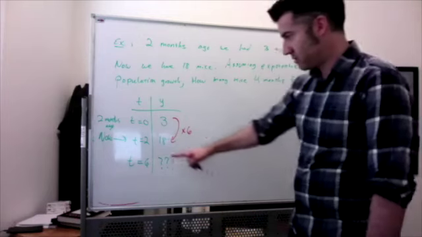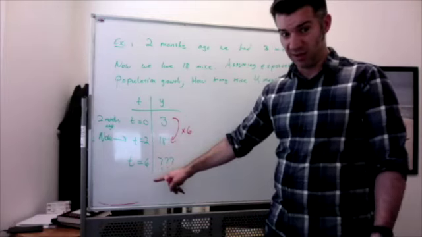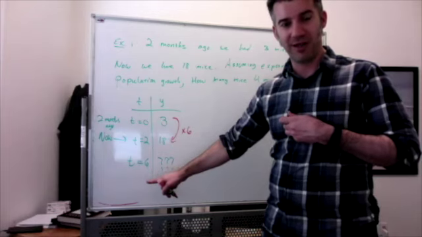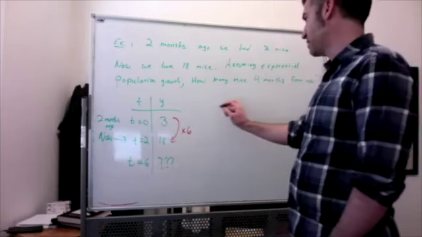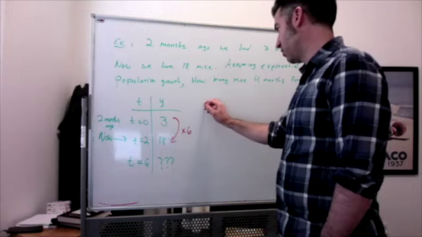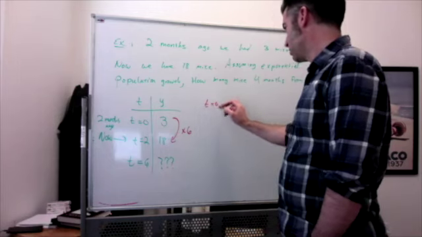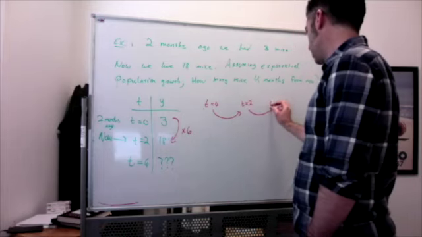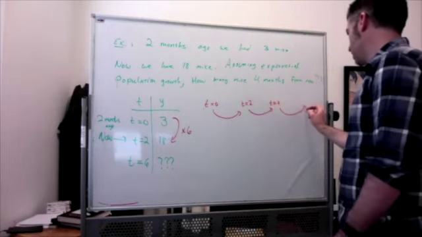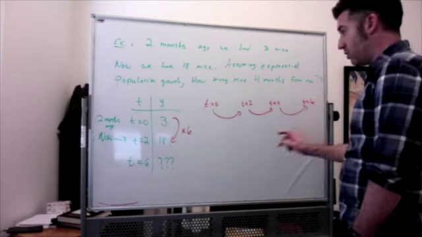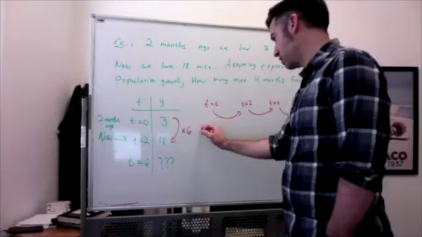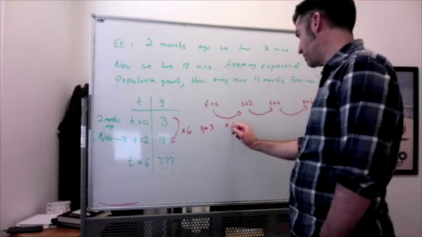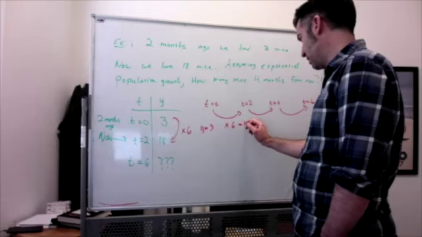Well, time equals 6 is a couple of 2-month periods later. So I can say that from time equals 0 to time equals 2 to time equals 4 to time equals 6, we know that at time equals 0, the population is 3. And then it's going to multiply by 6 to give us 18.